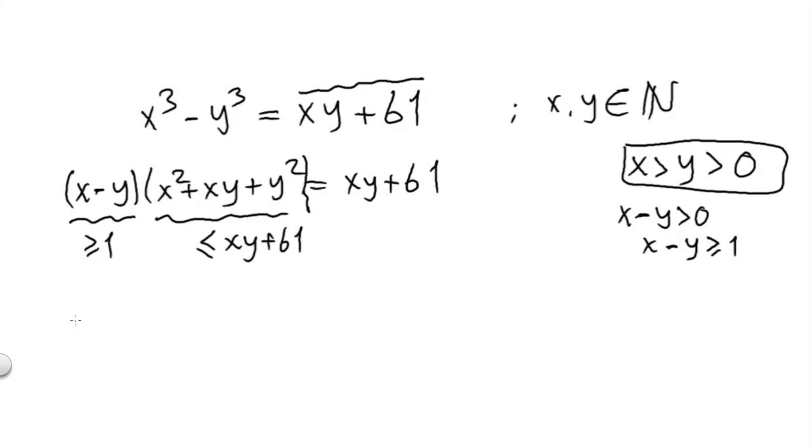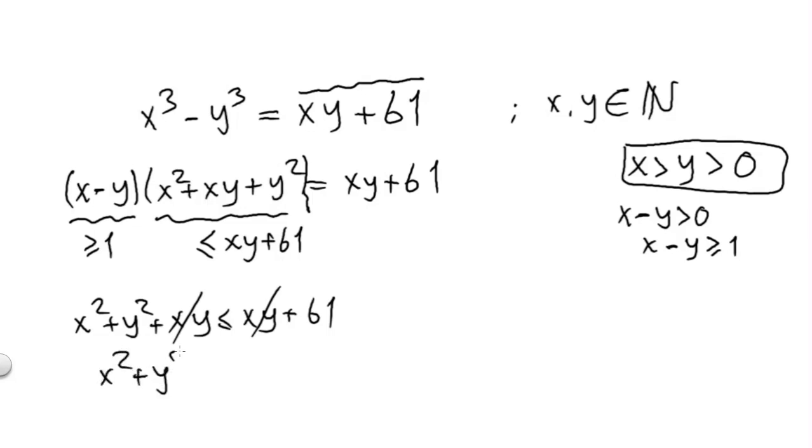So for example, here I would have x squared plus y squared plus xy lesser or equal than xy plus 61. Now I can just cancel these, and I will get that x squared plus y squared is lesser or equal than 61.